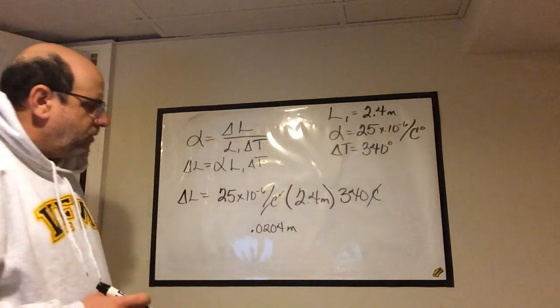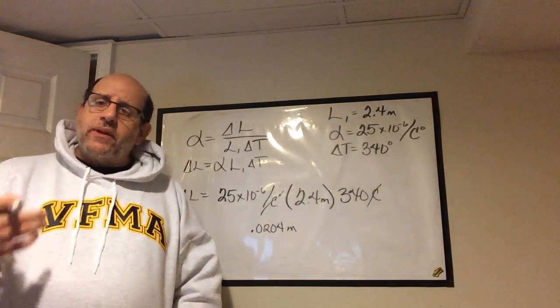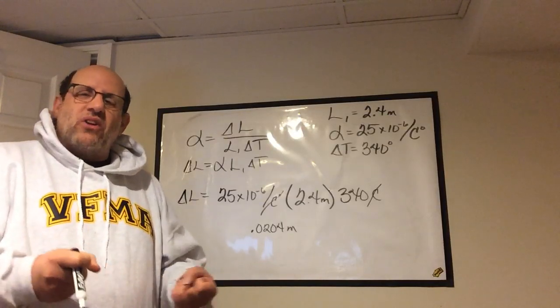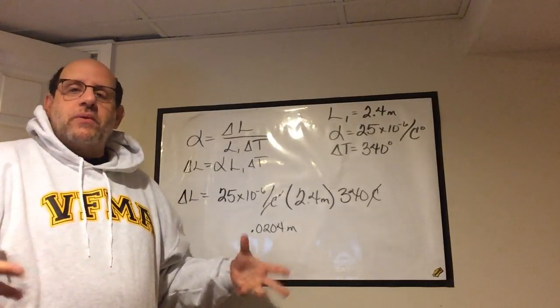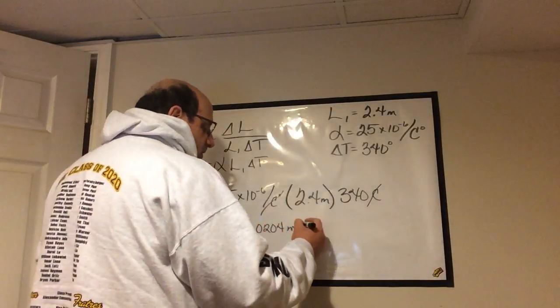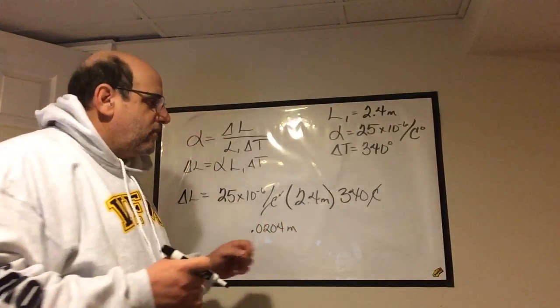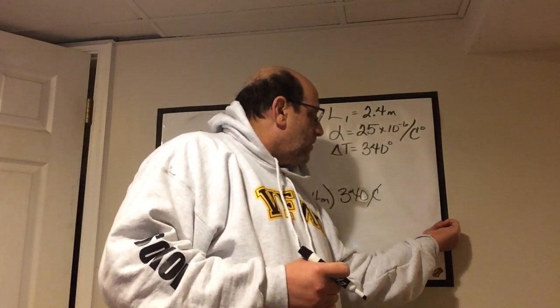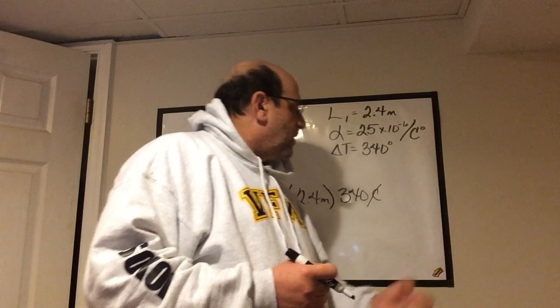Okay? Seems pretty insignificant, but that's actually 2 centimeters of expansion, just the molecules inside that aluminum expanding. So that's quite a bit of expansion. Think 2 centimeters, there you go. That's almost 2 centimeters right there.